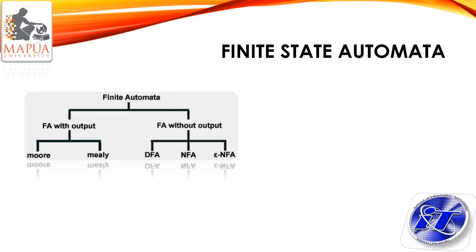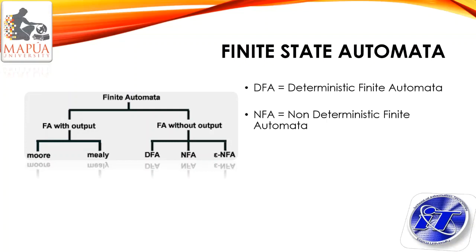While in FA without output, the result is defined by the string: will it be rejected or not? So we have three types: DFA, NFA, and epsilon NFA. DFA is deterministic finite automata.